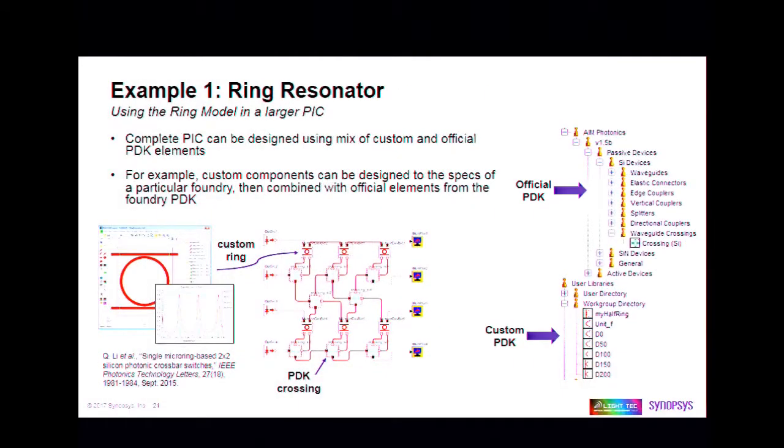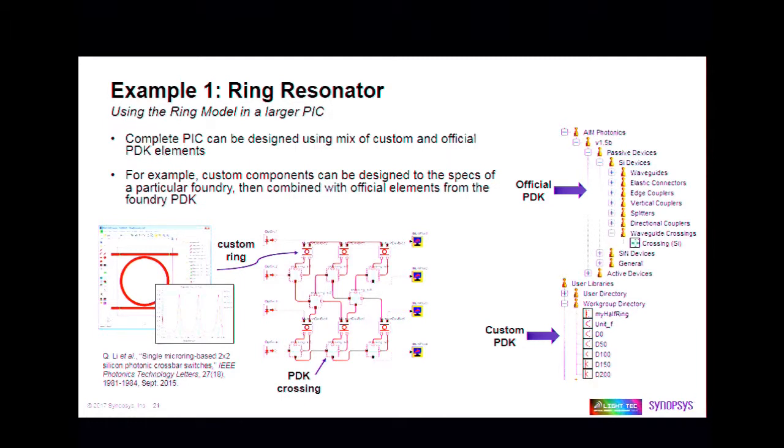So we have the model for one ring, one filter. Why not cascade all these rings and add them inside a larger design, also using a PDK from a library?